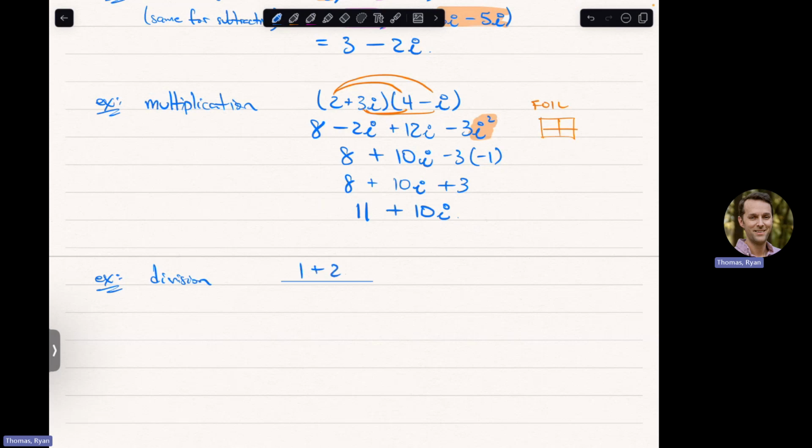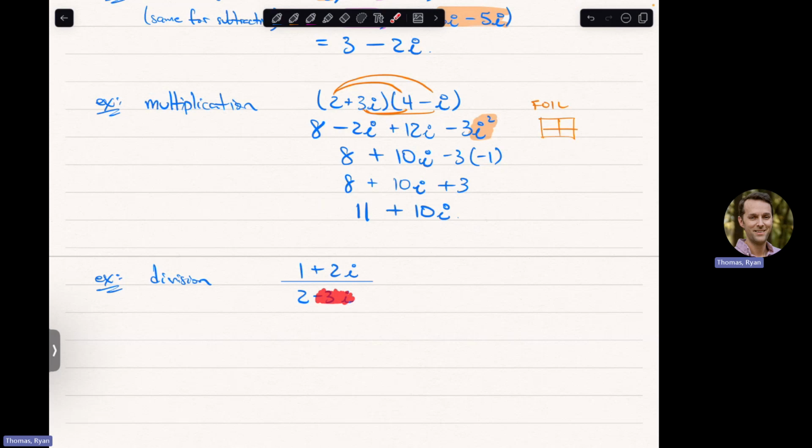1 plus 2i over 2 minus 3i. Okay, division, as usual, is the place where things get a little bit weird. Because if you think about what this is asking, we usually think of division as equal sharing, right?